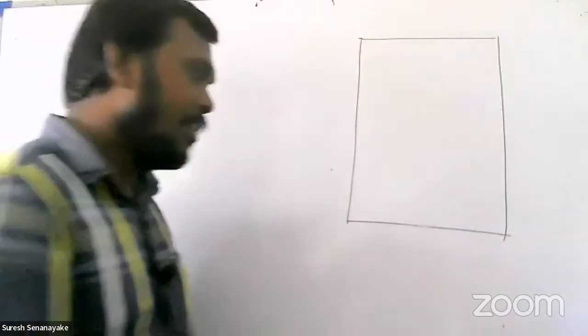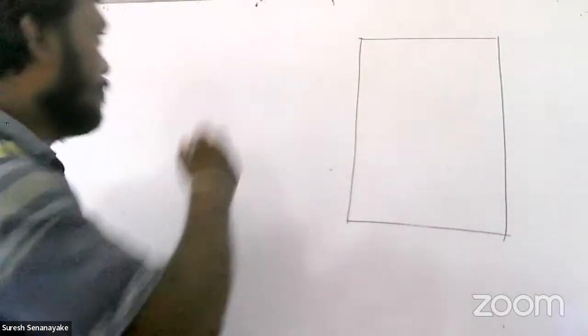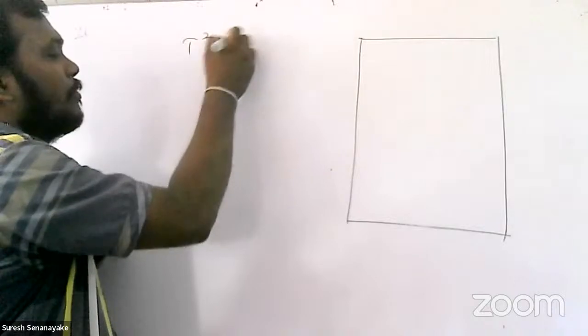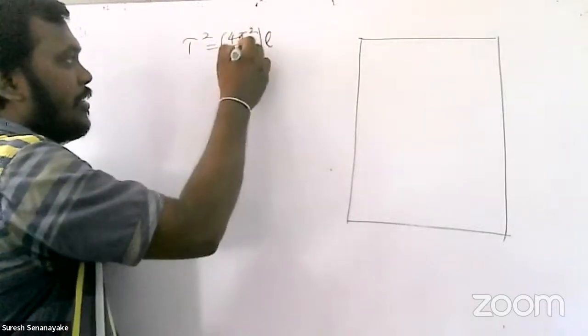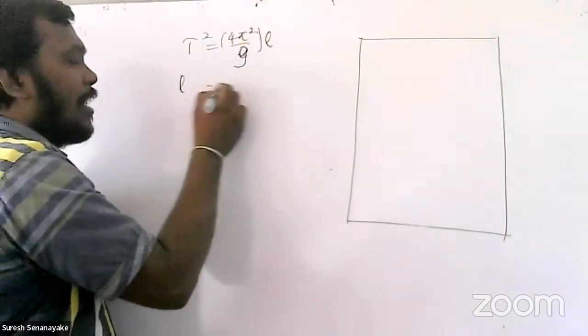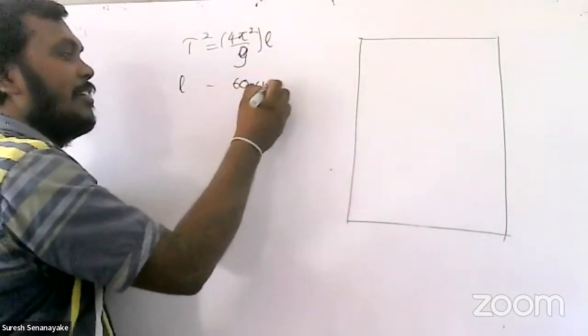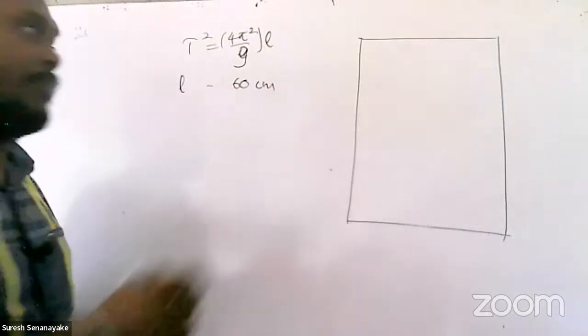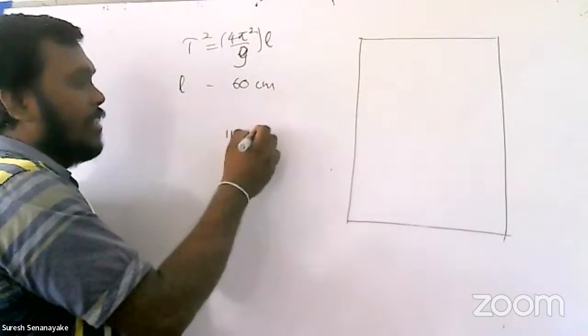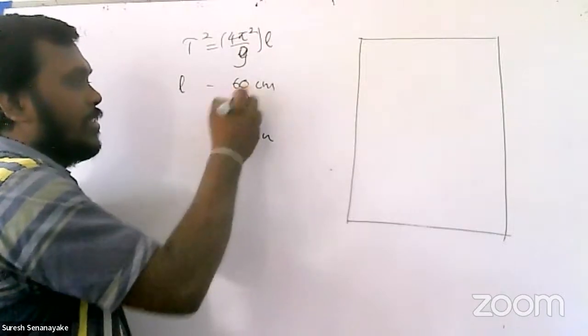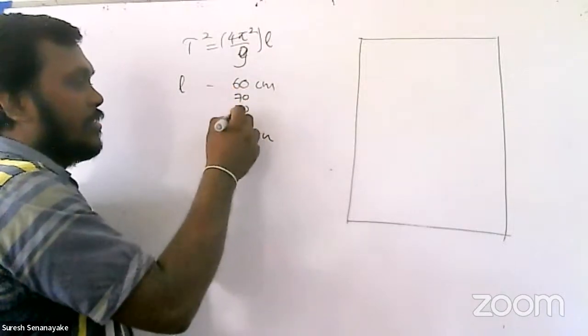But let's say you take the readings, for the previous equation I gave you, the length, right? Here, the length we measured starting from 60 centimeters, then 70, 80, 90, 100, 110 centimeters, by 10 centimeter increments.